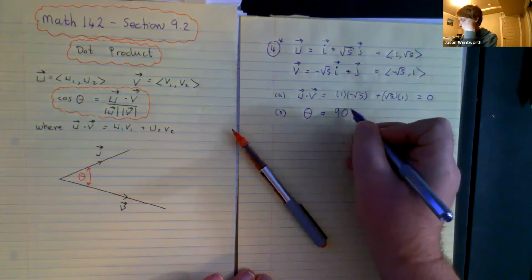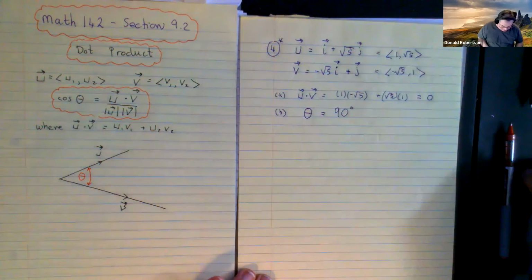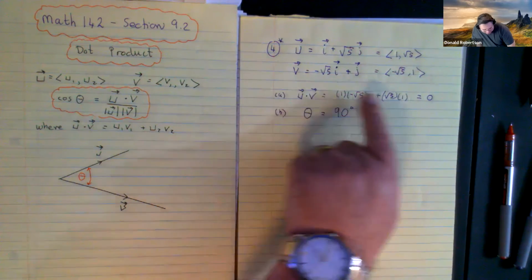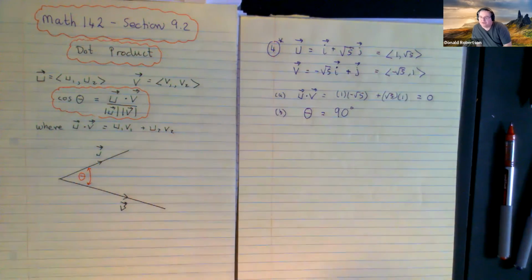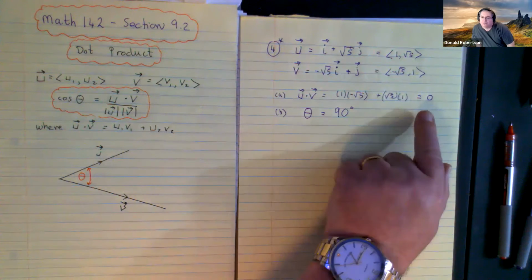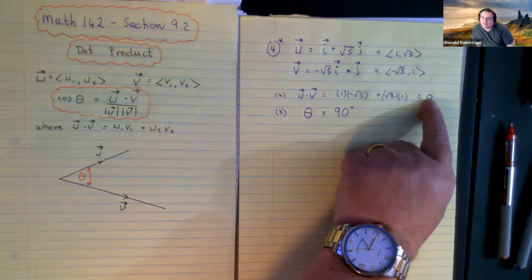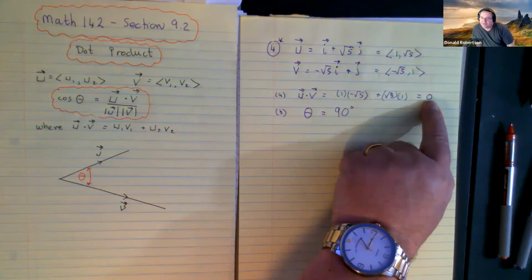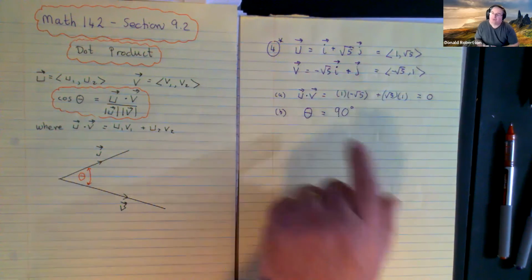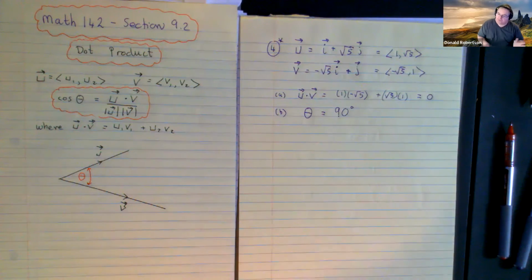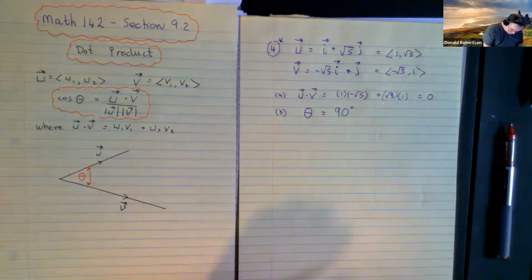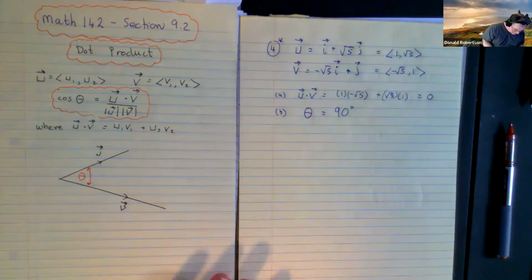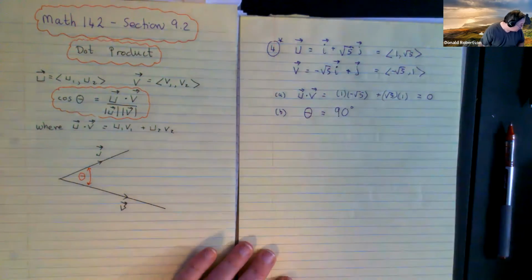So one of the properties of a dot product is, if the dot product is 0, the angle between the vectors is 90. If the dot product is positive, the angle will be an acute angle, 0 to 90. And if the dot product is a negative number, the angle between them will be bigger than 90, an obtuse angle. But the 0 is the useful one. So that one's finished and we're good.